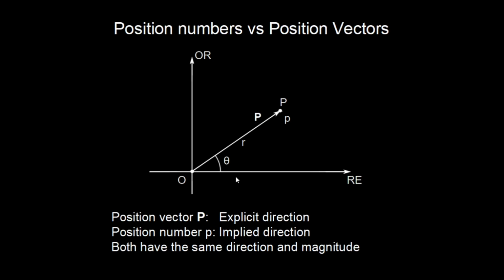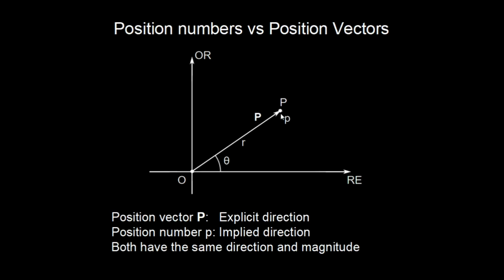Here, in a plane, point P is represented by position vector bold P. If we want to use a new type of number to represent the point, it's natural to use the term position number. So position number, lowercase p, is used to represent the same point.